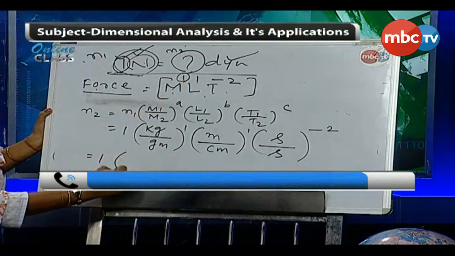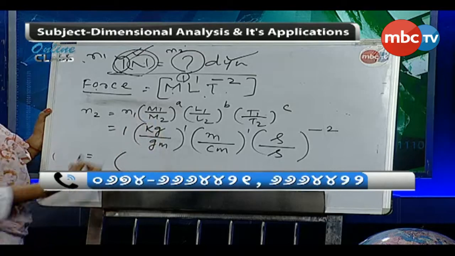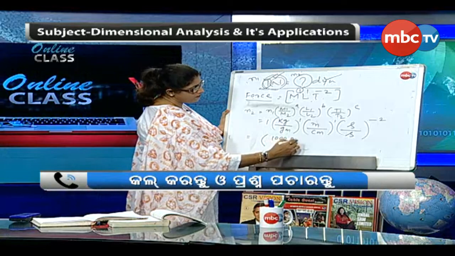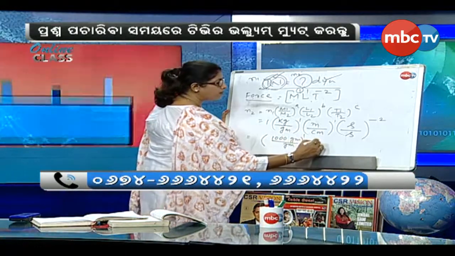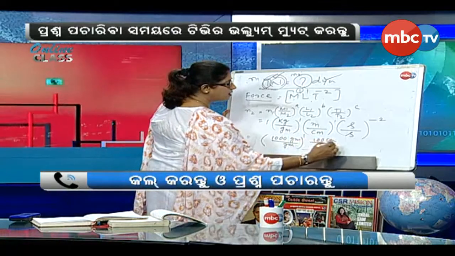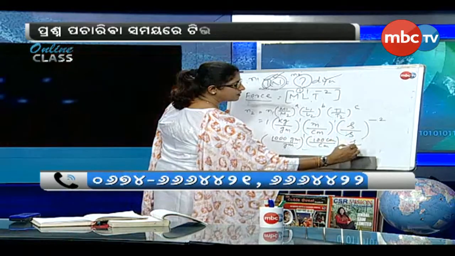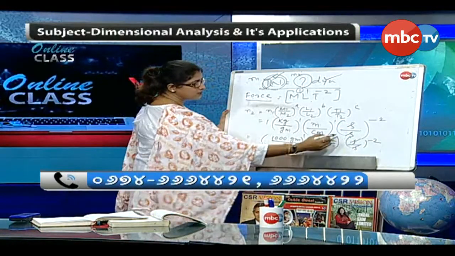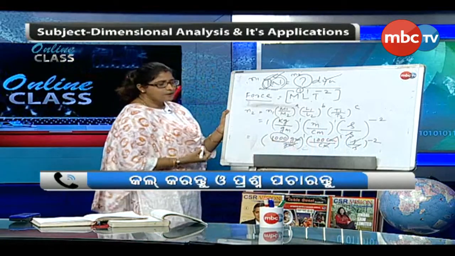So 1 kg is how much? 1000 gram upon gram raised to 1. 1 meter is 100 centimeter. Now this gets cancelled, centimeter gets cancelled, gram gets cancelled. So how much is left?